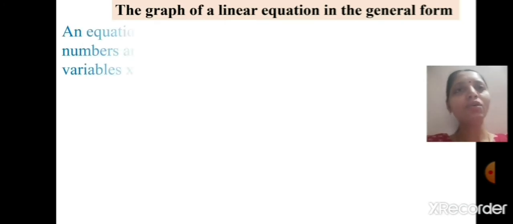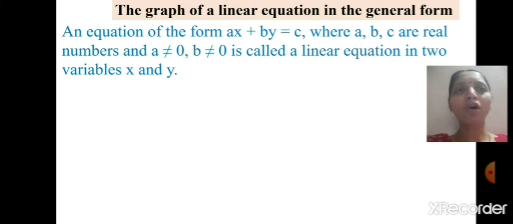An equation of the form ax plus by equals c, where a, b and c are real numbers and a and b are both not equal to 0, is called a linear equation in the two variables x and y.